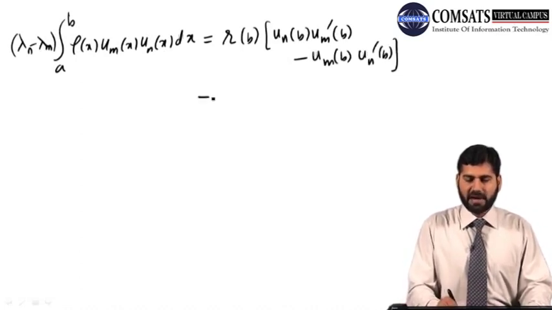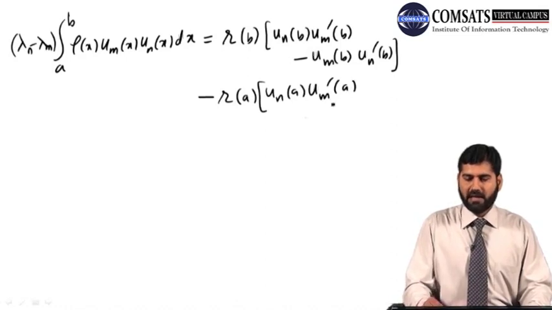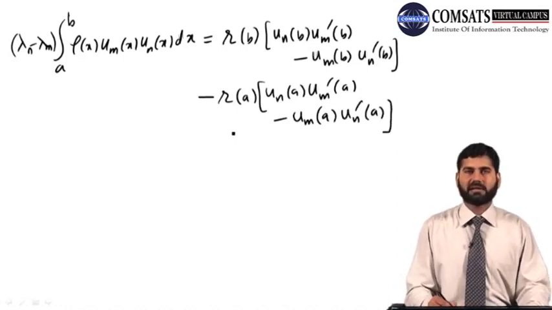This is the first thing, minus R at a, all the things at a now: un at a um prime at a minus um at a un prime at a. This is what you are getting.